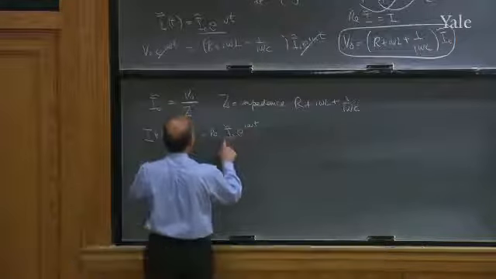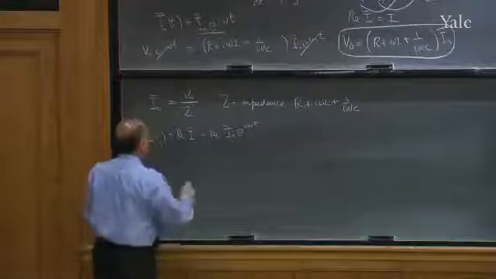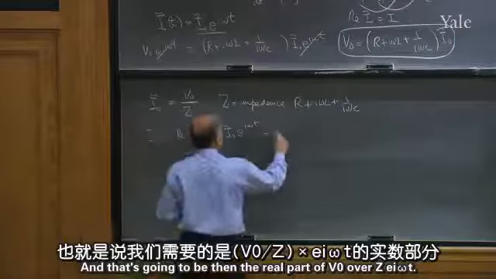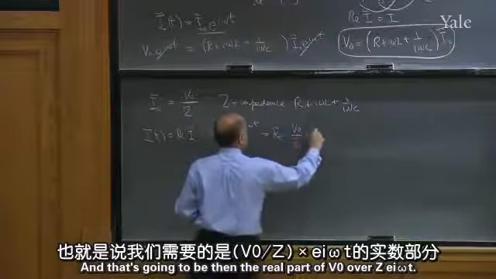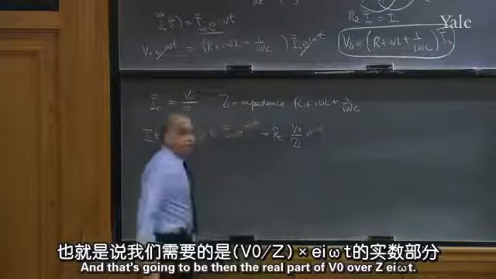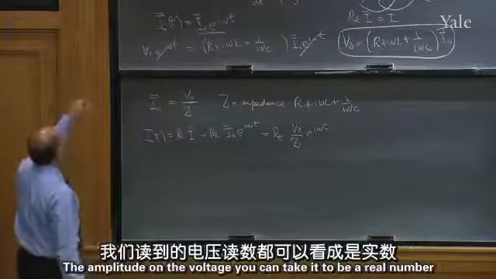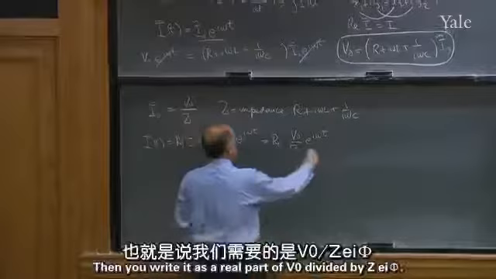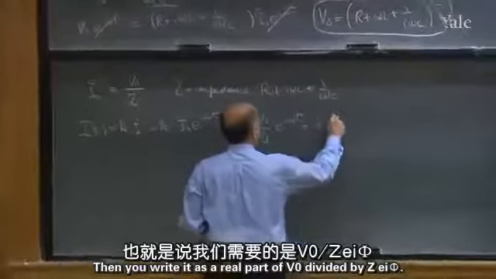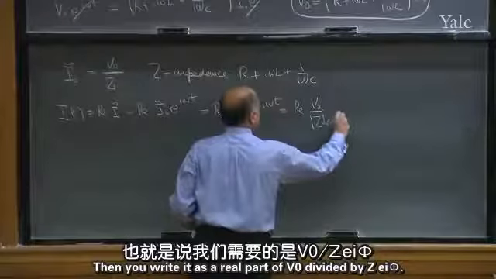And that's going to be then the real part of V0 over Z e to the I omega t. We always pick V0 to be a real number, the amplitude of the voltage. Then we write it as the real part of V0 divided by Z e to the I phi.